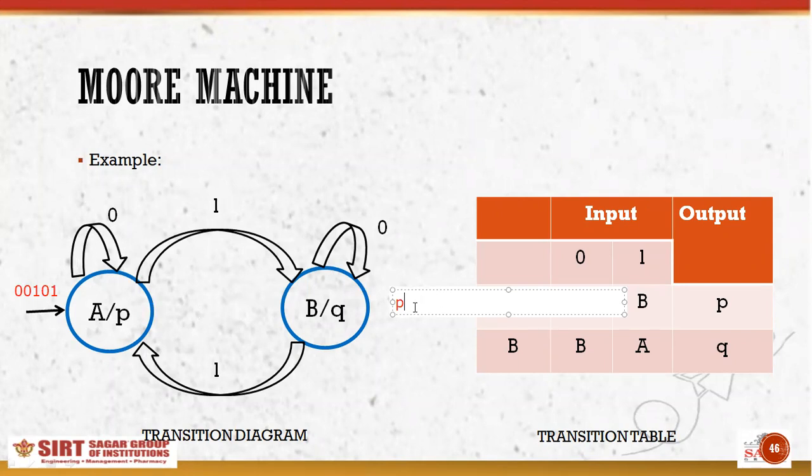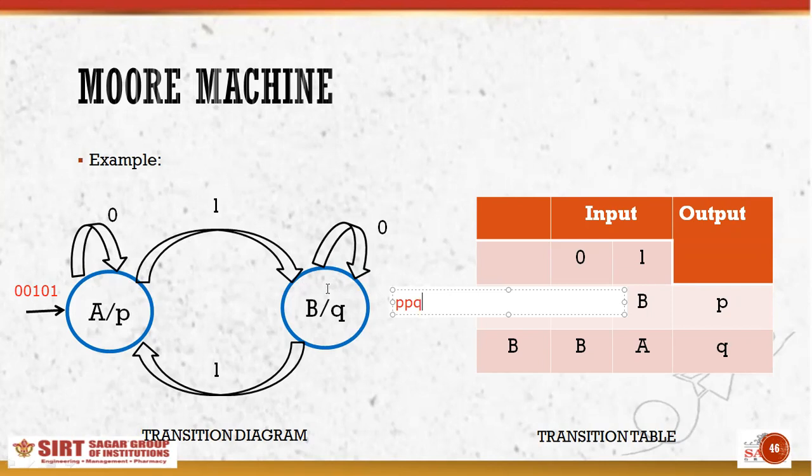So at output side, you will get p here. Again, on reading 0, we will make the same transition and will again output small p. From A, on reading 1, we will reach state B and will give output q, because with state B, q output is associated.